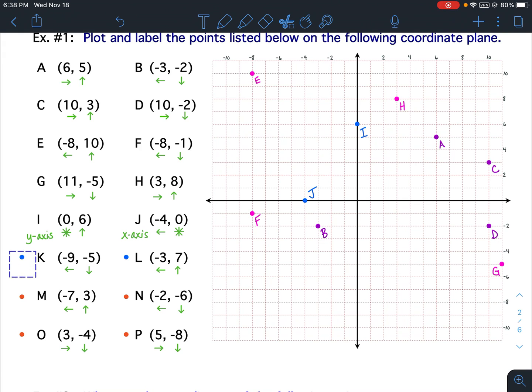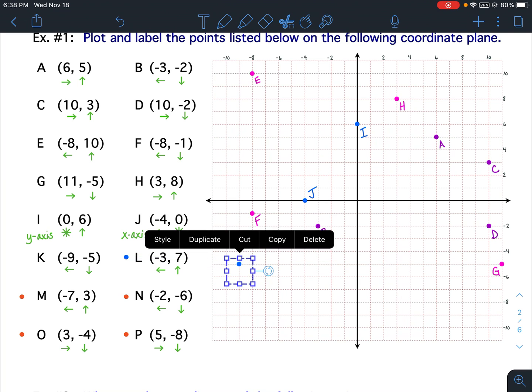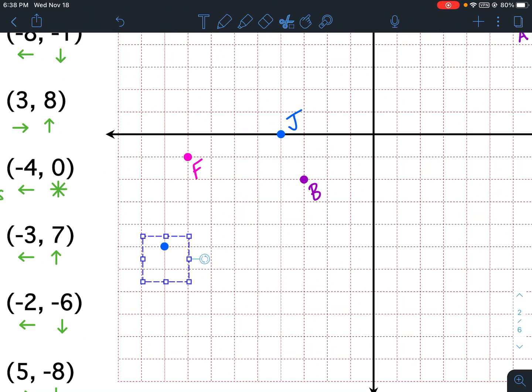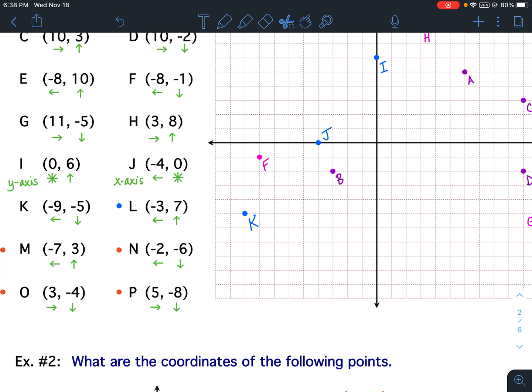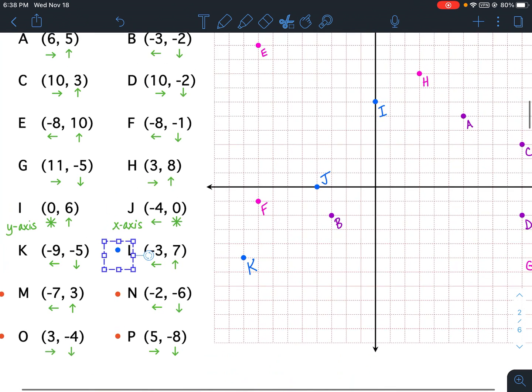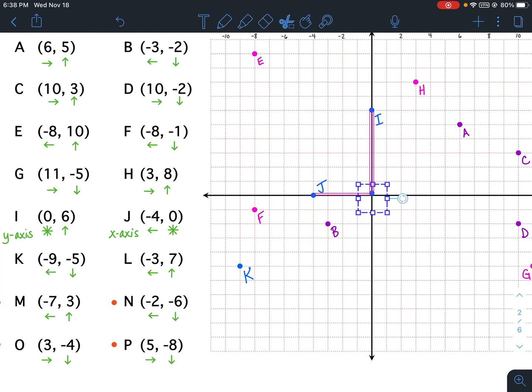K is to the left 9 and then down 5. Well, F is to the left 8, so I know I need to go one more than that, but then I need to go down 5. And that is K. L is to the left 3 and up 7.